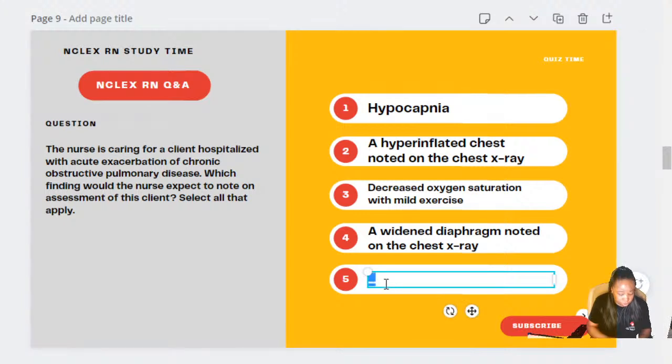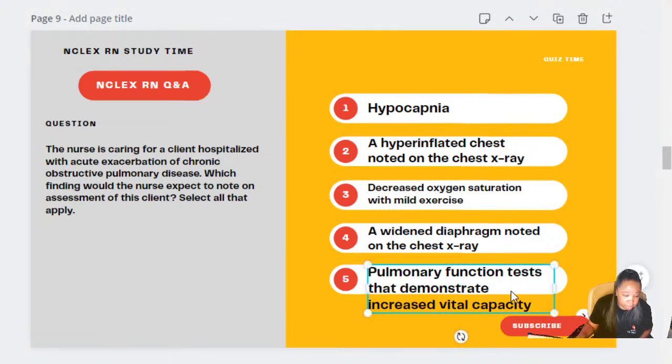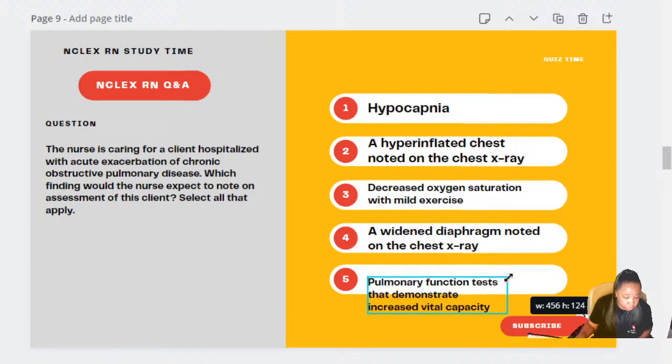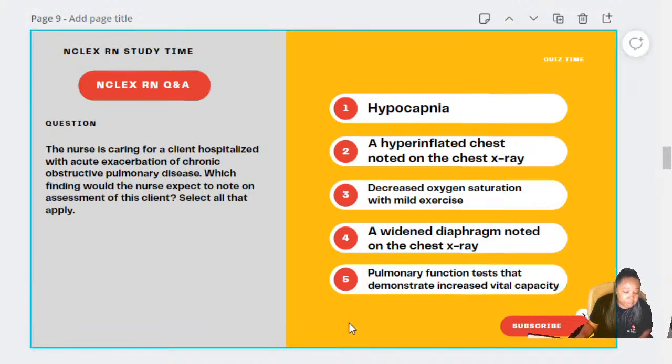And then the last one says pulmonary function tests that demonstrate increased vital capacity. In a patient with COPD, the vital capacity will not be increased. It will be decreased.